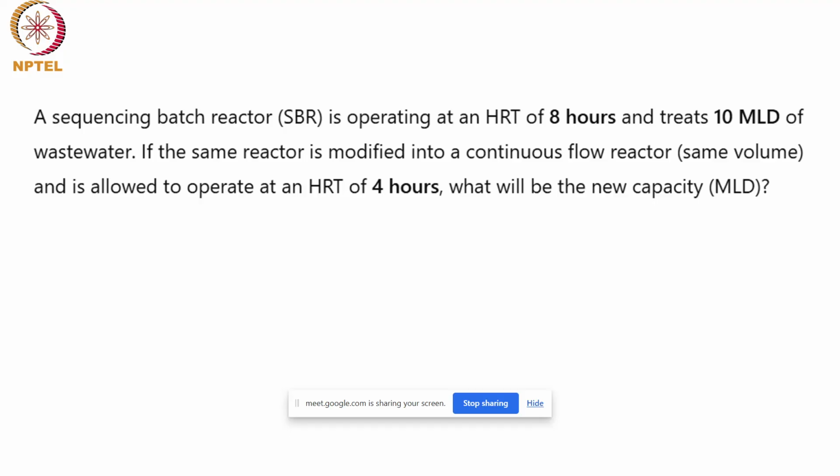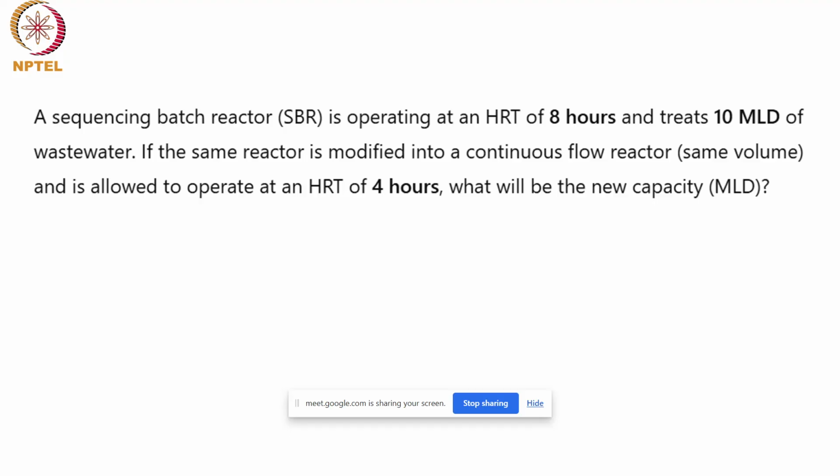If the same reactor is modified into a continuous flow reactor and is allowed to operate at an HRT of 4 hours, how much will be the new capacity? Okay, so there is an SBR. Initially there is an SBR operating at HRT equal to 8 hours, and Q is equal to 10 mld.